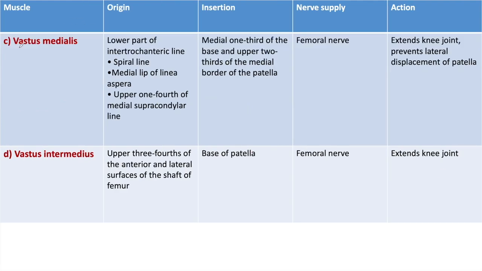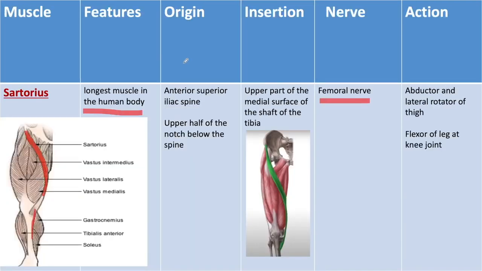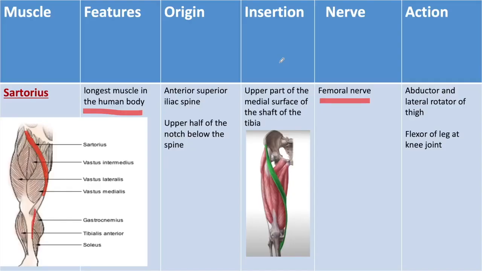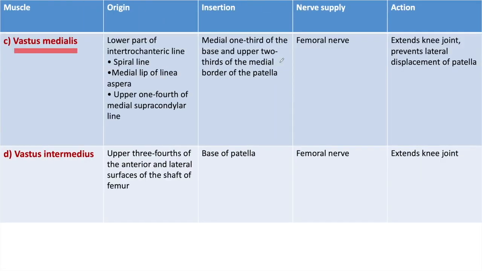Next is vastus medialis. Its origin is from the lower part of the intertrochanteric line, then the spiral line, then the medial lip of linea aspera and the upper 1/3 of the medial supracondylar line.